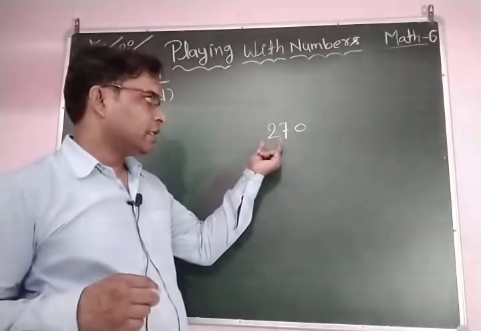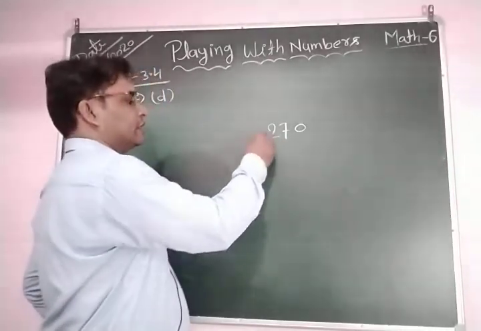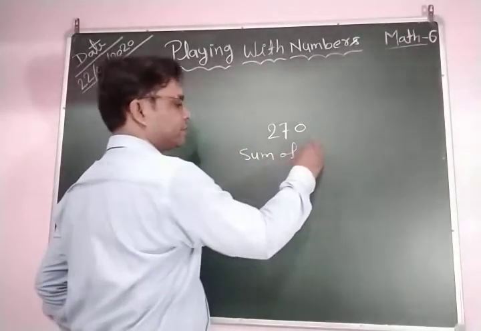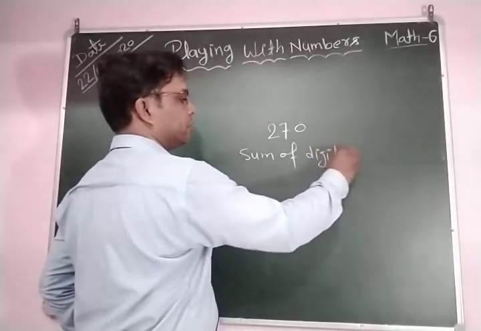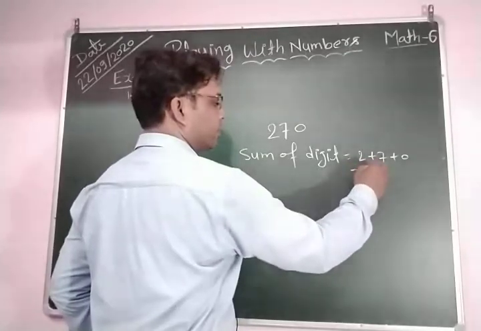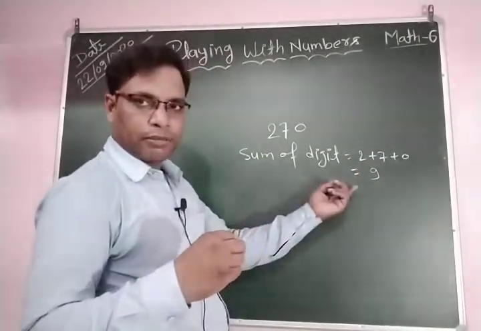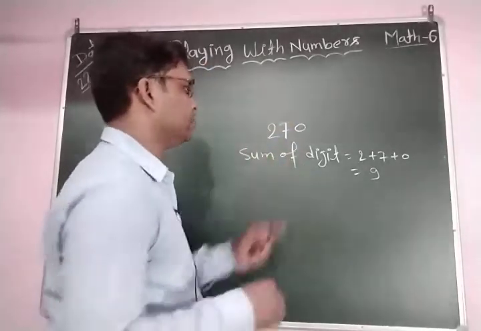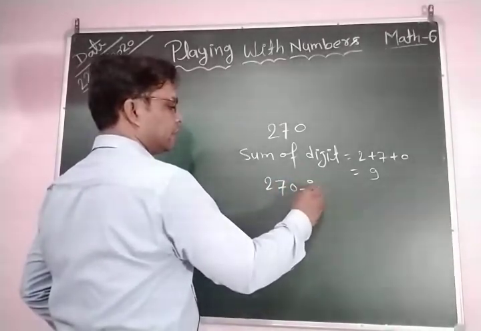First we check the divisibility test of 9: sum of digits, 2 plus 7 plus 0 is equal to 9. So this sum of digits is divisible by 9 because 9 divides itself. So this number 270 is divisible by 9.